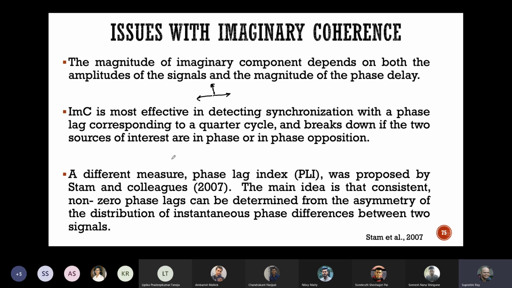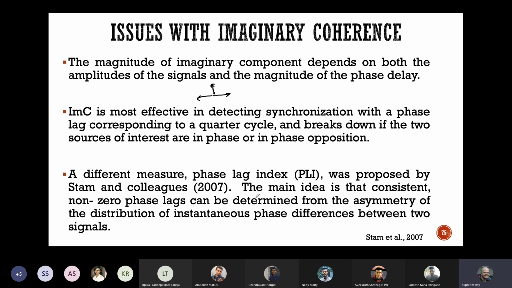So a new idea was proposed by Stam and colleagues, which is called the phase lag index. And there the idea is that you don't really care about the magnitude of this imaginary component.